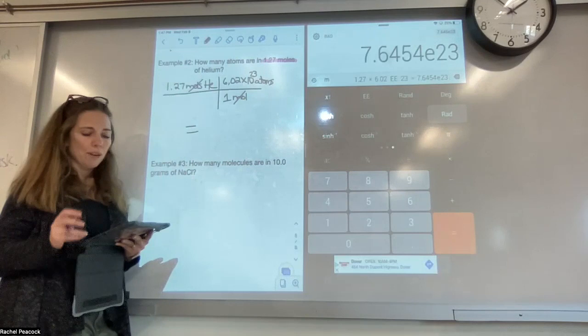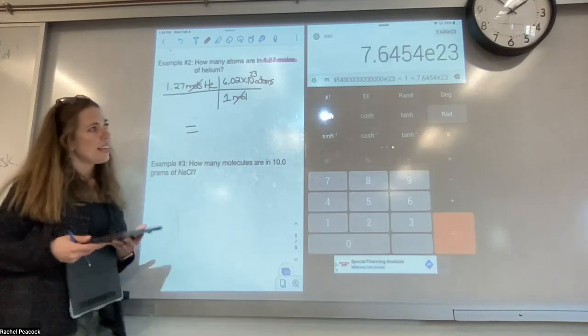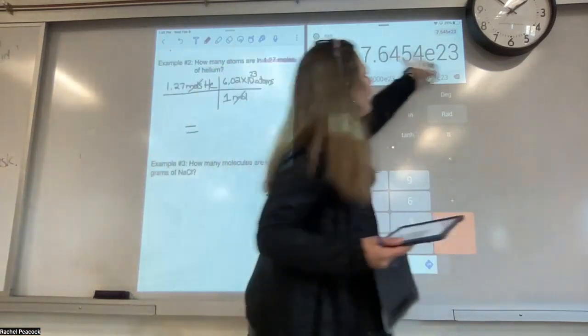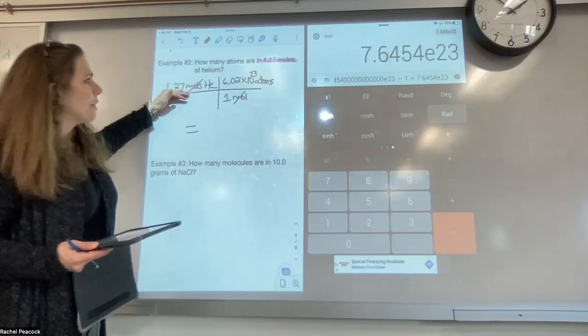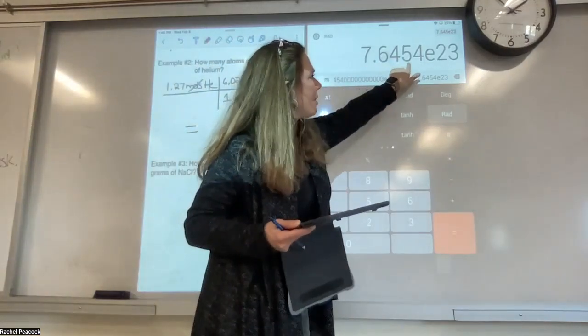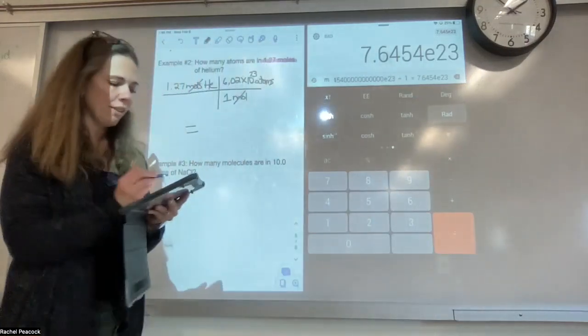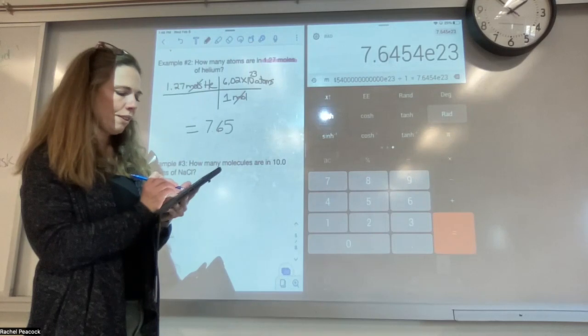And then I'm going to hit equals, and I'm going to divide by 1. This is what your calculator gives you, which looks kind of weird. First of all, you get 3 sig digs. 1, 2, 3, except I should round up because that's a 5. So I'm going to do 7.65.